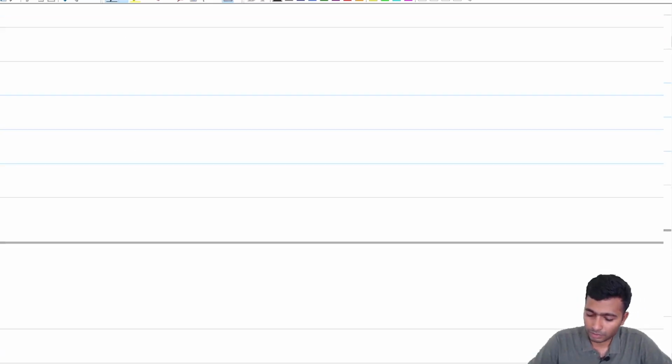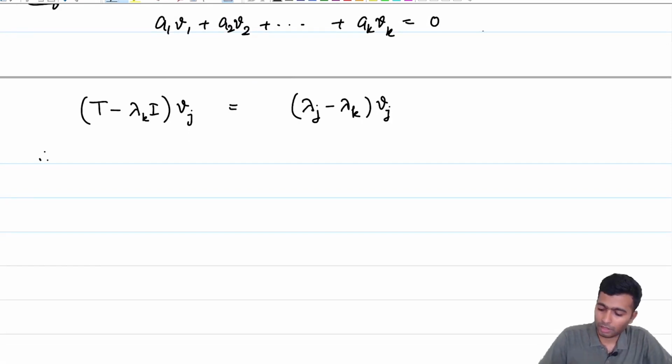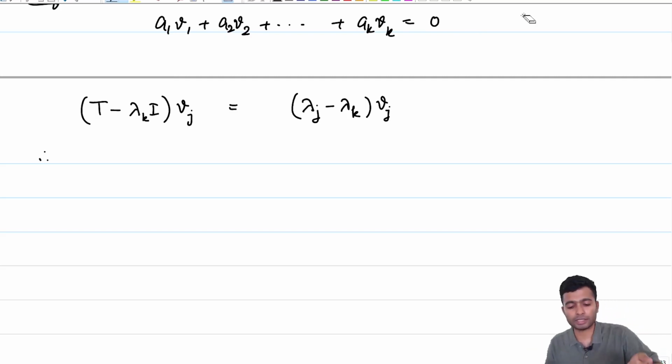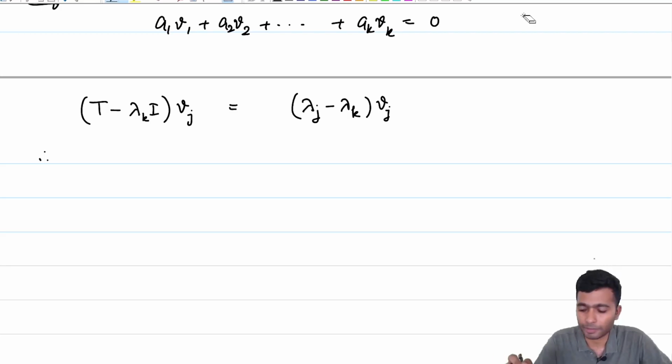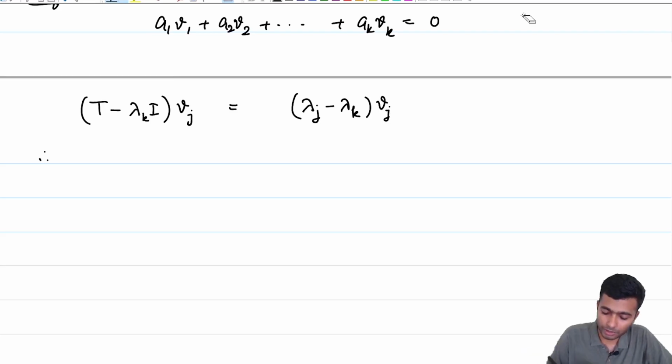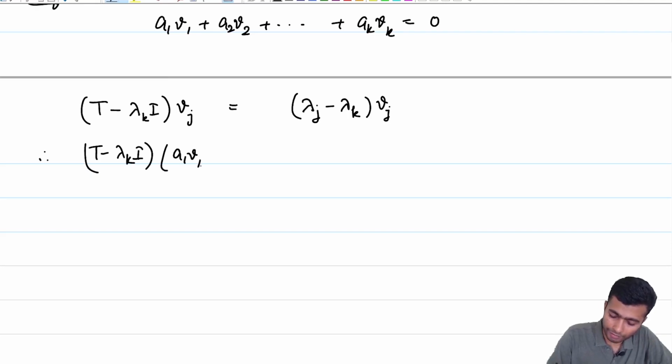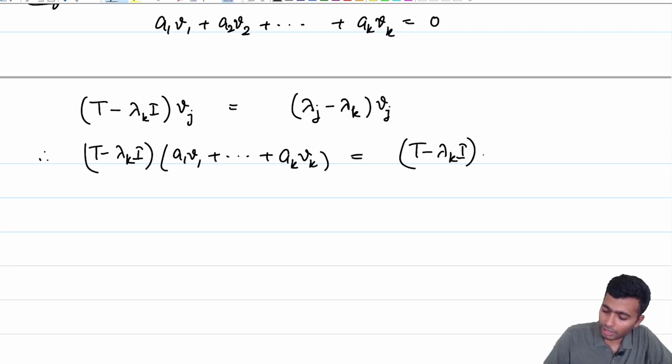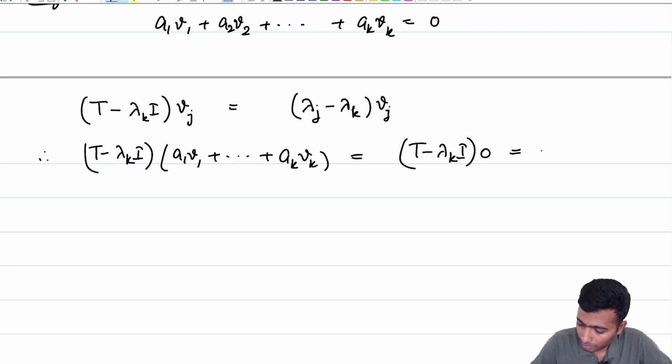Therefore, apply T minus lambda k I to the vector a1 v1 plus a2 v2 plus up to ak vk. That will be the 0 vector, because any linear operator takes 0 to 0. So, T minus lambda k I on a1 v1 plus up to ak vk is equal to T minus lambda k I acting on the 0 vector, and this should necessarily be the 0 vector.